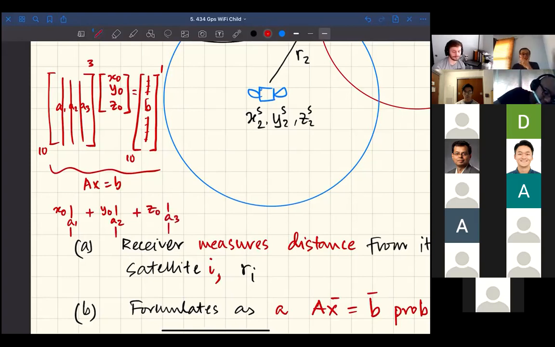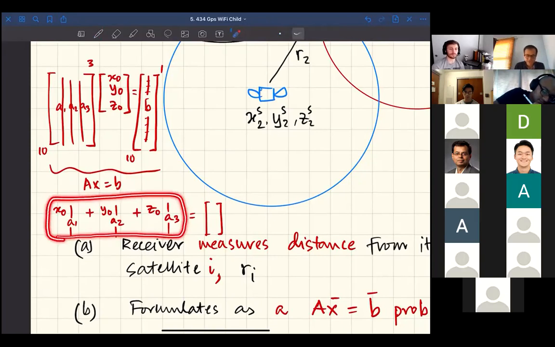This is a 10-dimensional vector, right? Yes, I follow. So this should be a 10-dimensional vector.